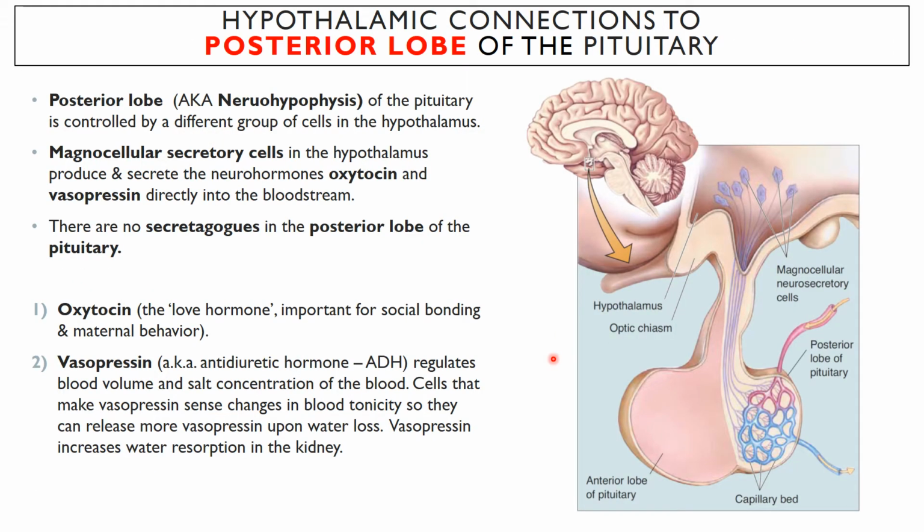So this is the portion of the hypothalamus that involves hormones being released from the posterior lobe. So we're going to focus on that right now. Up to this point, we've talked about the anterior lobe of the pituitary, the adenohypophysis. Now we're going to be talking about the neurohypophysis.